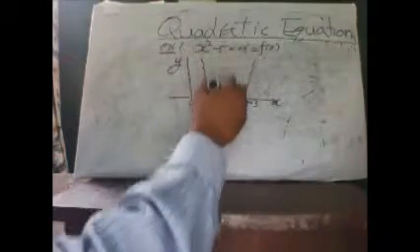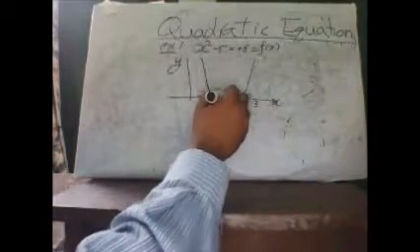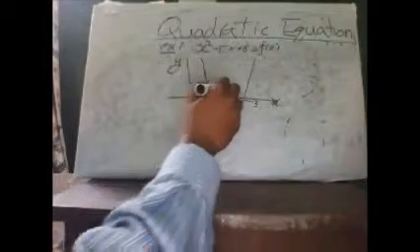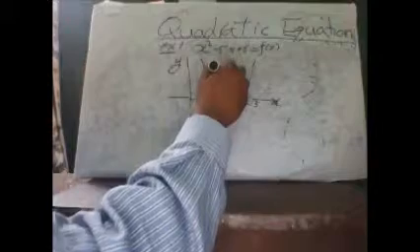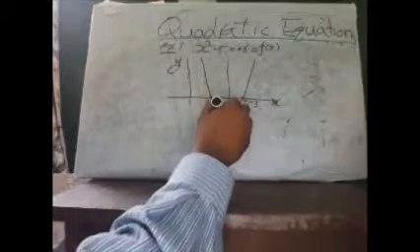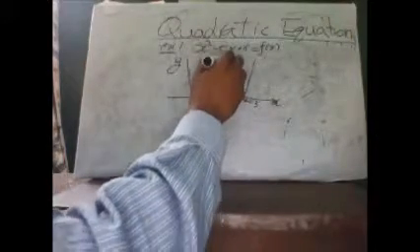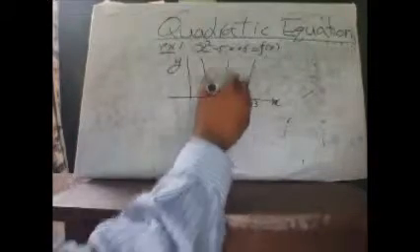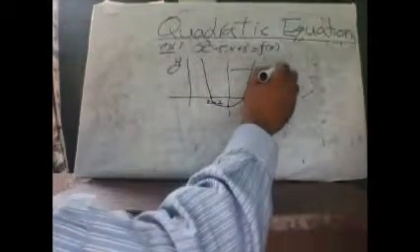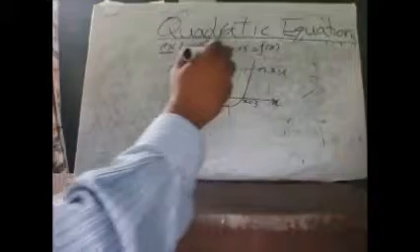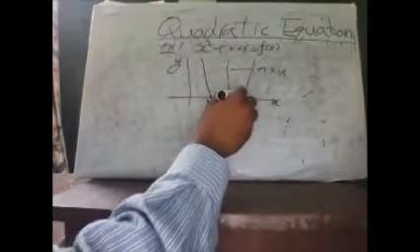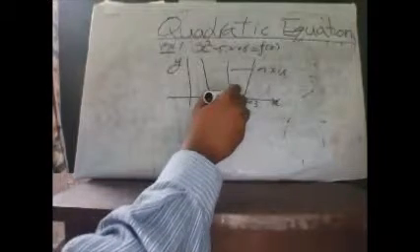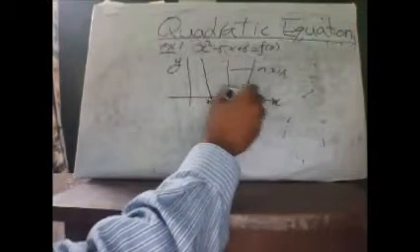Now to find the minimum value it attains, we have to consider that the axis of the parabola is parallel to the y-axis and the curve is symmetric about its axis. This is the axis of the parabola, and also the axis of symmetry. This point is midway between x is equal to 2 and x is equal to 3.